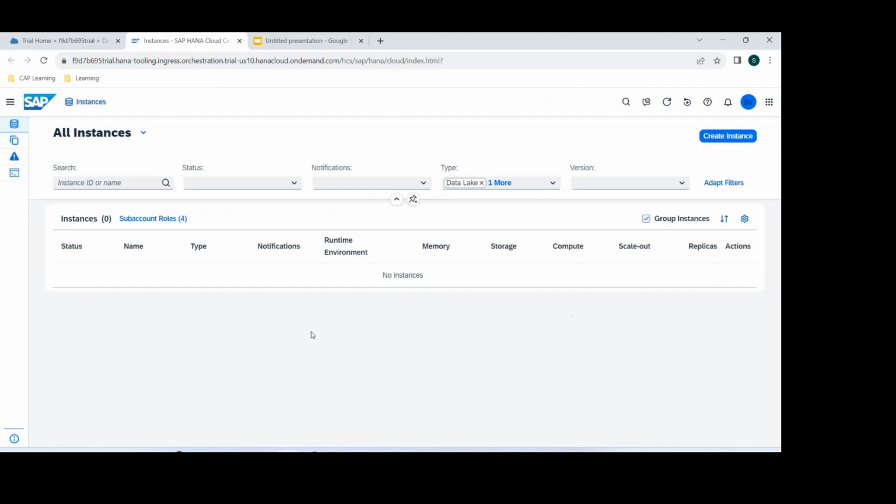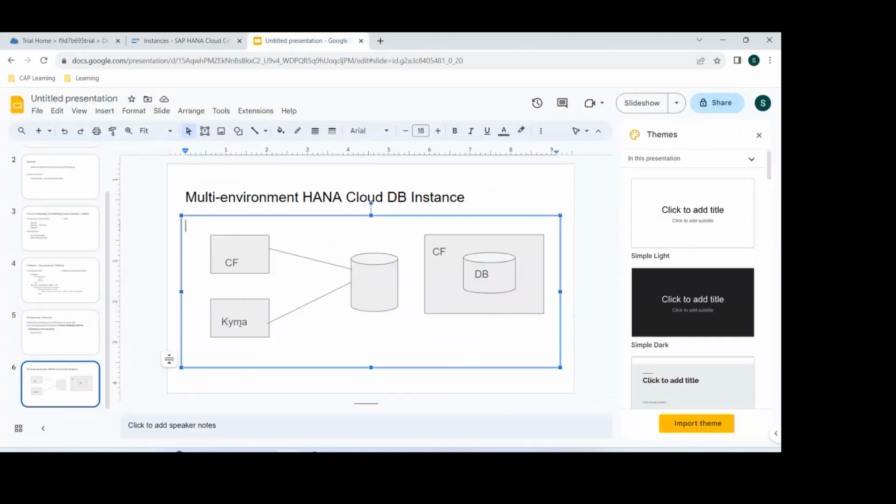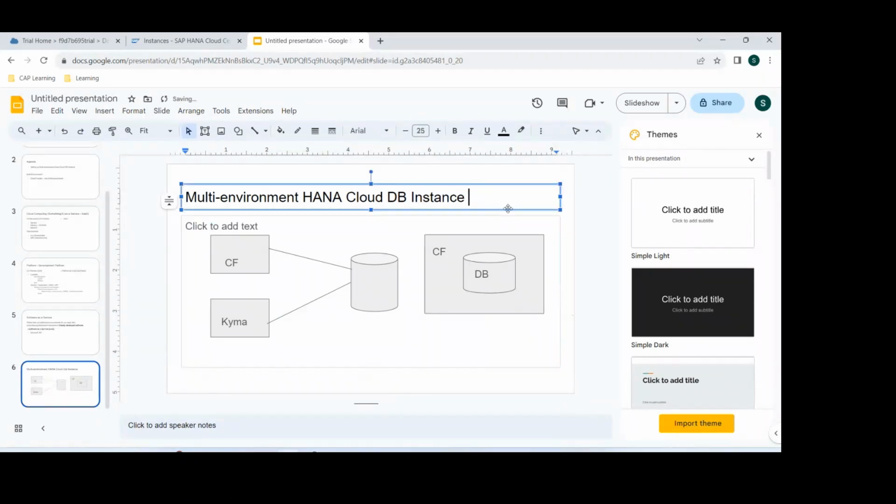The advantage here is that it's not only connected to your Cloud Foundry. It is a multi-environment that can be connected via your Cloud Foundry, via your Kyma, and there is another runtime environment, the one which just got obsolete, maybe Neo, if that's also running somewhere, that can also be connected from here. That's the main idea. That's the main reason SAP is trying to make things serve the purpose of so-called microservices.